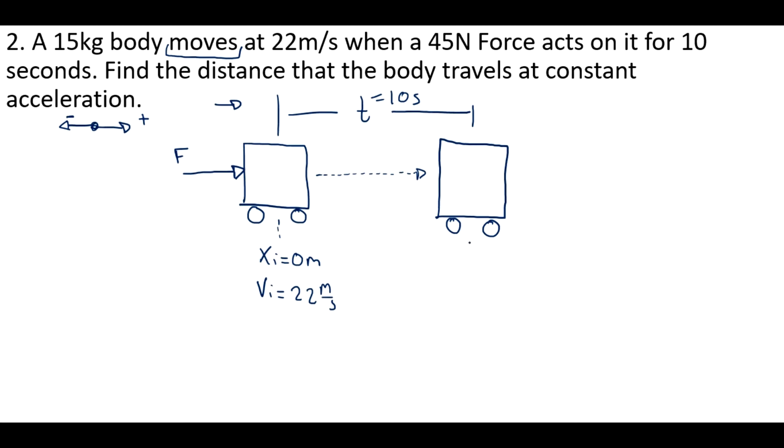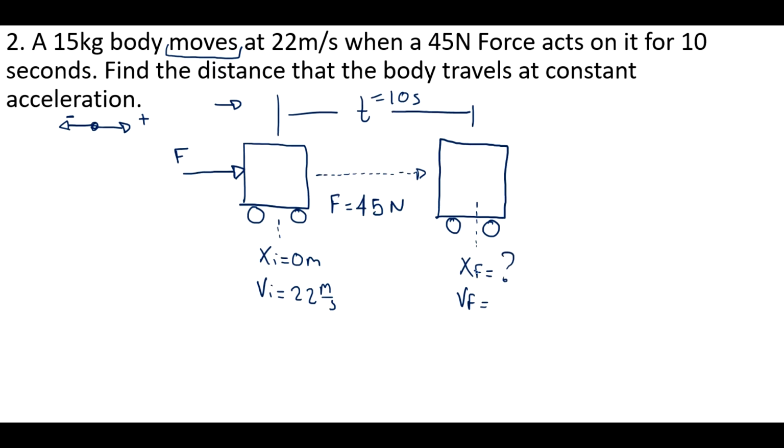And this point over here is when the force is not acting on the body anymore, so this is the final position and this is the final velocity. I don't know those values. I know that the force is 45 newtons. I need to find the distance that the body travels at constant acceleration, that means the distance that the body travels with this force. So this is the question over here.